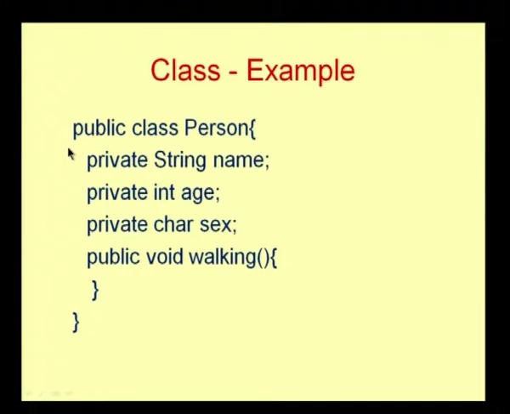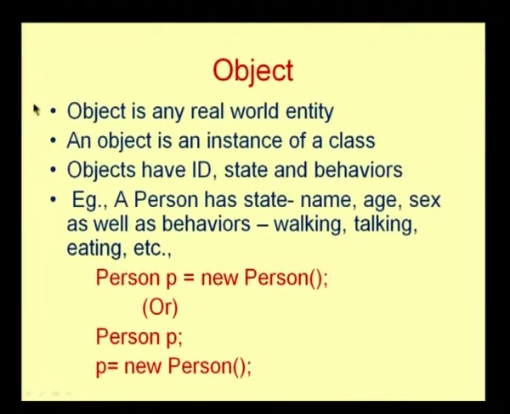Next we will look into what is an object. An object is any real world entity. An object is also termed as an instance of a class. Objects have ID, state and behaviors. For example, a person has a state: name, age and sex, as well as behaviors: walking, talking, eating, etc. So this is how an object could be created.